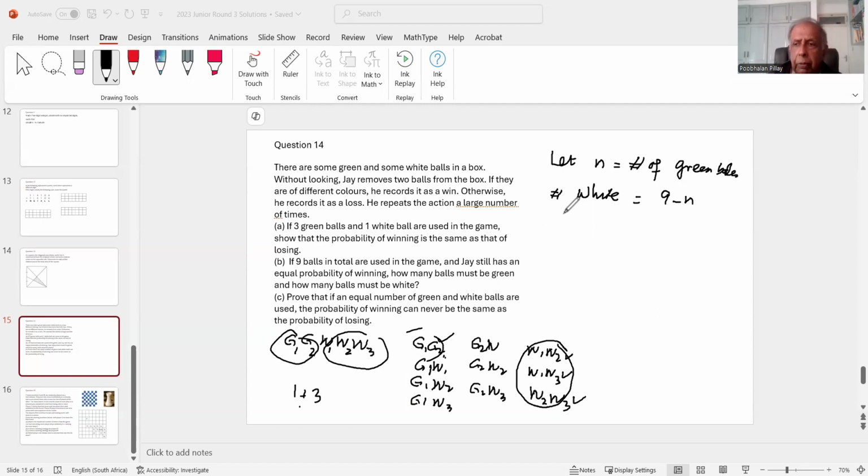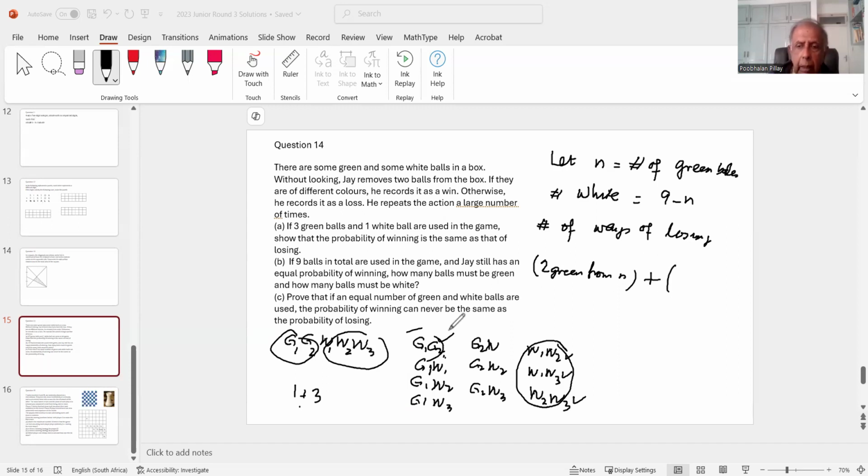So the number of ways of losing: now you have to choose 2 green balls from n. Here I had n equals 2.